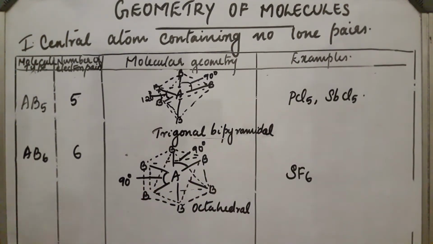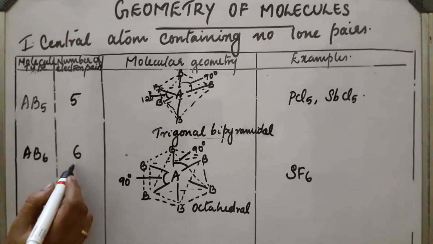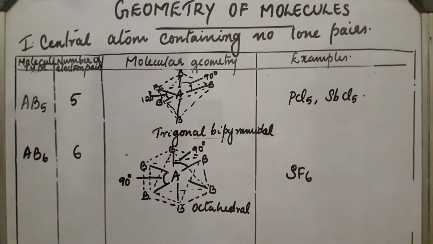Next molecule type is AB6. It contains 6 electron pairs. So 6 AB bonds are present, in which these 4 AB covalent bonds are in the same plane and form a square shape, and 2 AB bonds are above and below this plane.